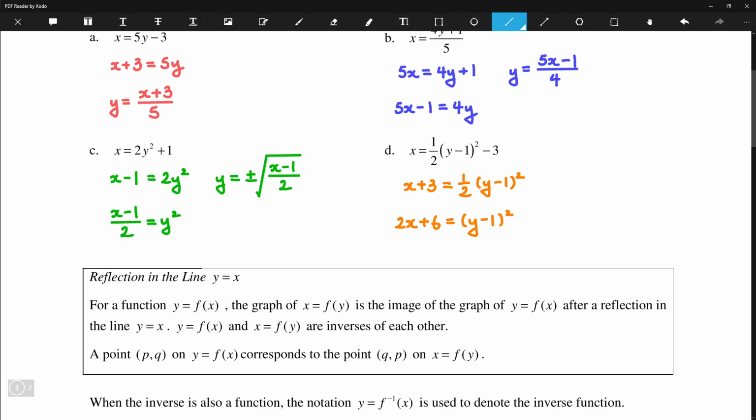Then we can square root both sides, again keeping both the positive and negative square roots. Is equal to y minus 1. And finally, we can add 1 to both sides, so y is equal to 1 plus or minus the square root of 2x plus 6.